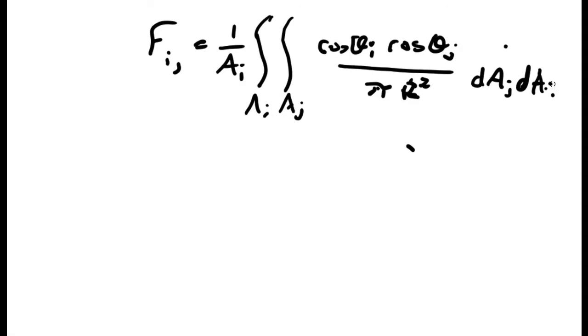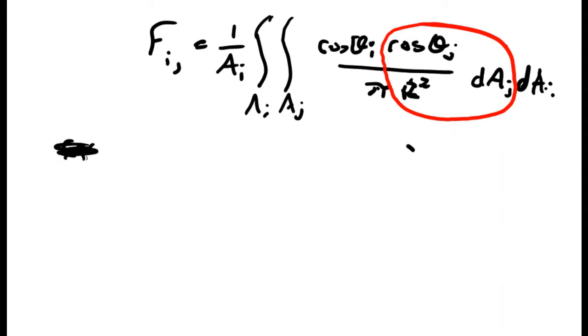Now the reason I wanted to bring this up was because there are actually parts in here you recognize. For example, look at this right here: cosine theta j divided by r squared times daj. That looks a little familiar, right?